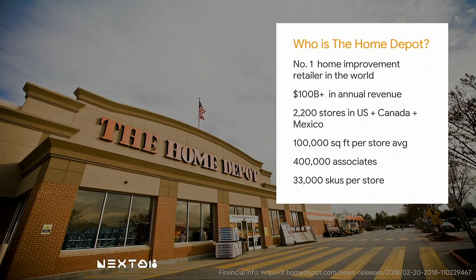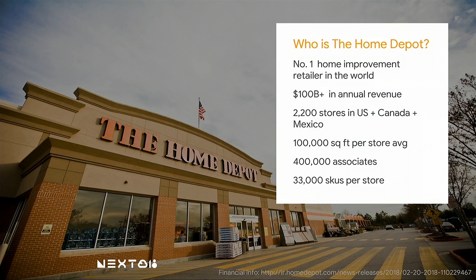I'll give you a little bit of an intro of the scale of Home Depot. We're the number one home improvement retailer in the world. We have about $100 billion in annual revenue, 2,200 stores across the US, Canada, and Mexico, and each store has about 100,000 square feet of space.